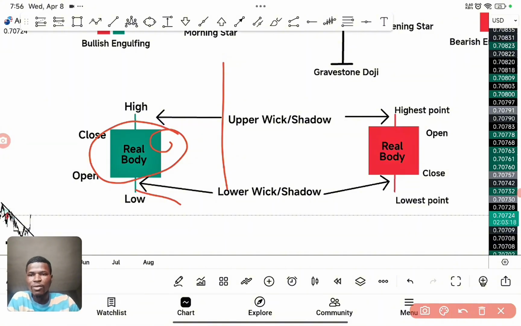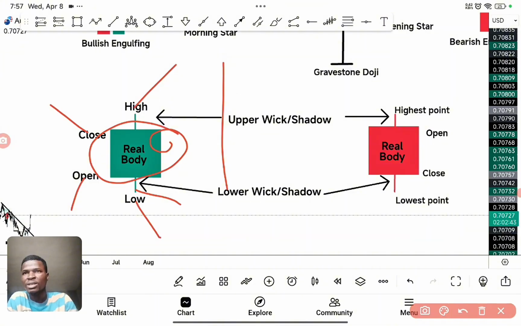So we have four parts to the candle: the highest point, lowest point, opening and close. The opening price is the starting point of the price in a candle.